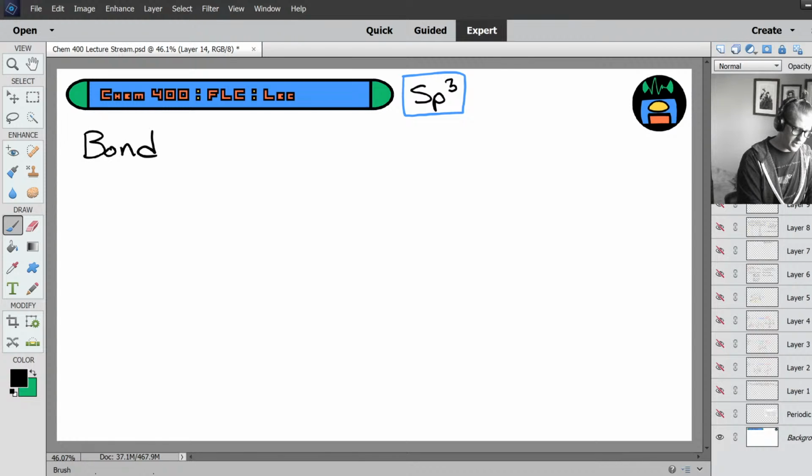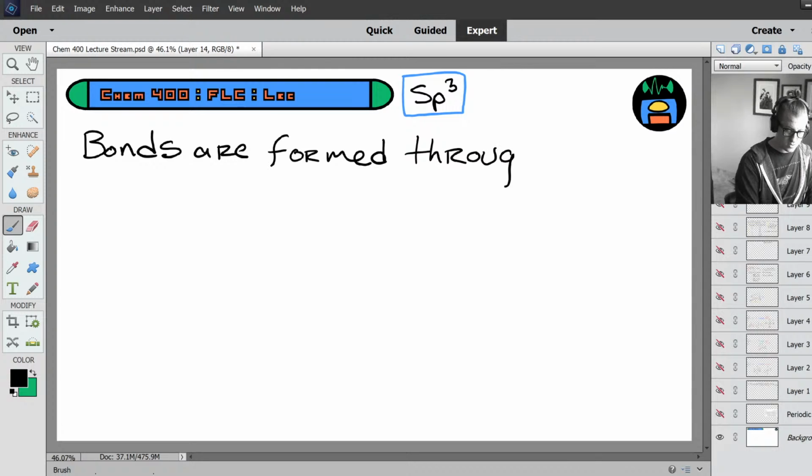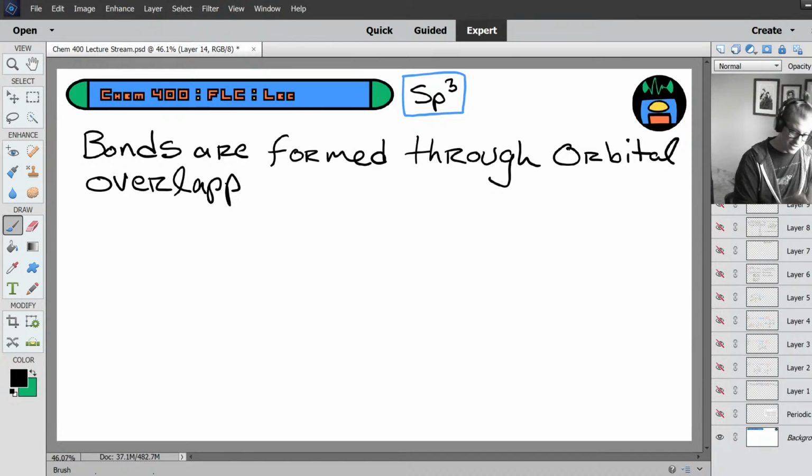So let's talk for a little bit about how bonds are formed. Bonds are formed through a phenomenon called, actually, I've got to redo that.